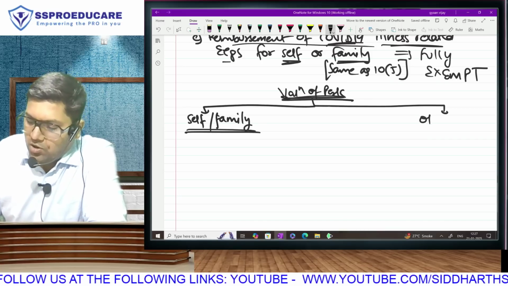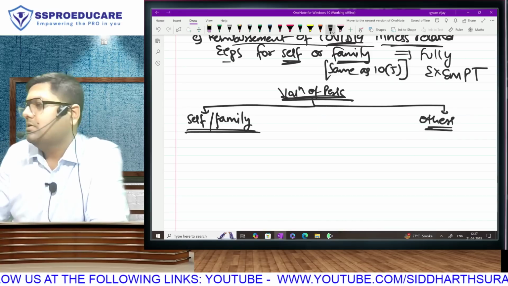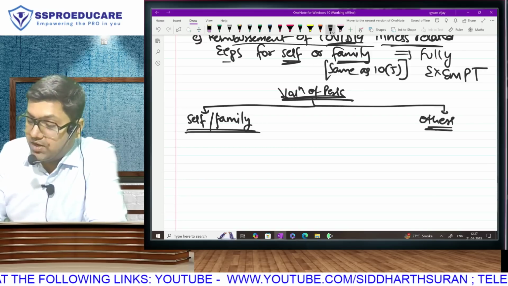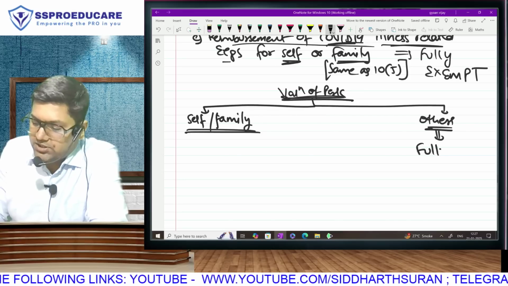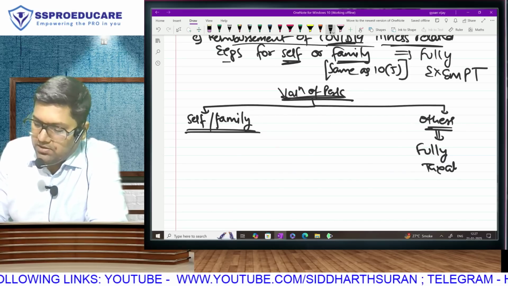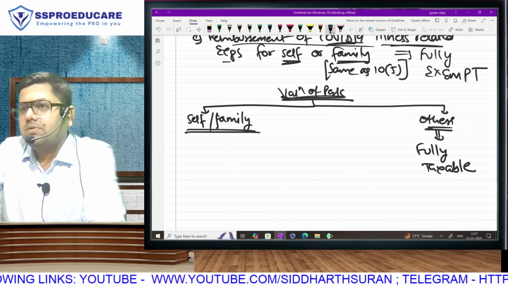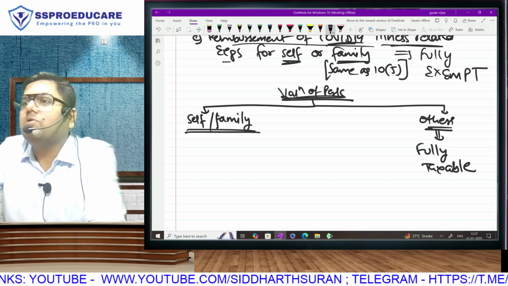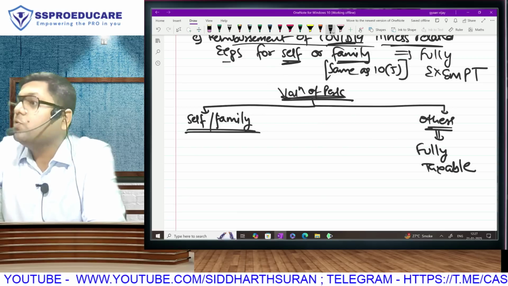And if your boss is paying money for others, whatever your boss has paid is going to be fully taxable. Tax benefit, if at all it comes, will come only if the patient is you or family.